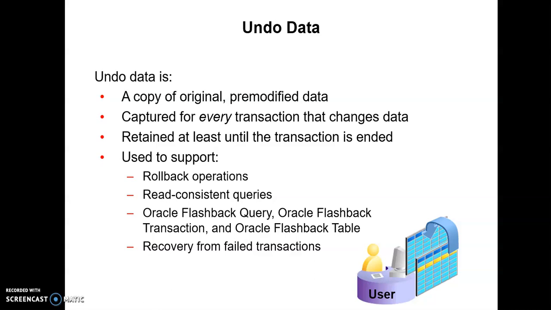This undo data will be captured for every transaction that changes the data, and it will be retained at least until the transaction is ended. A transaction will end through a commit or rollback command.